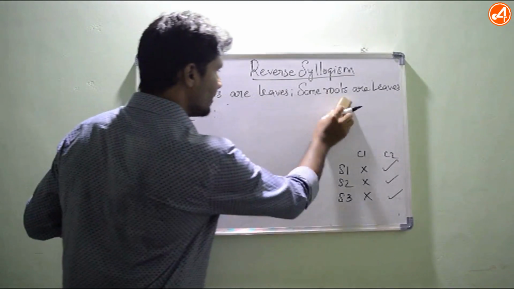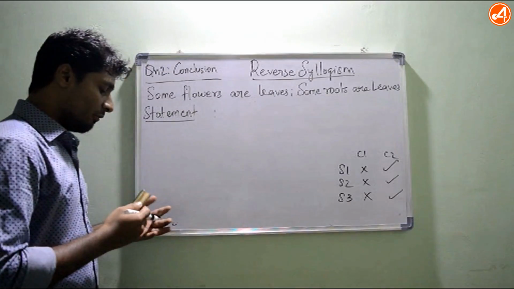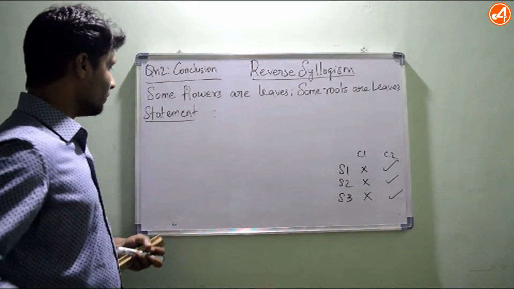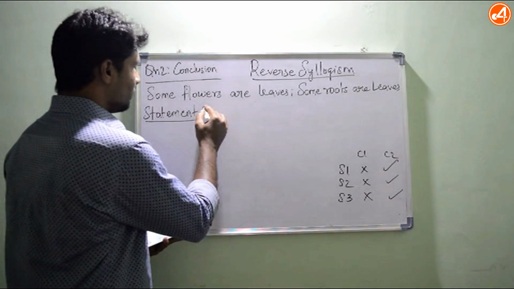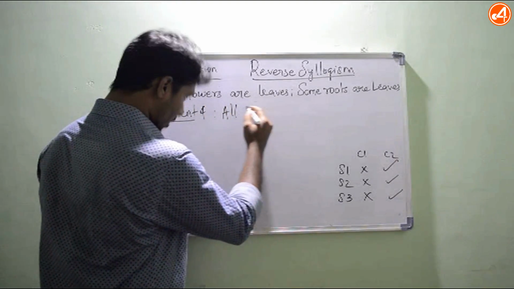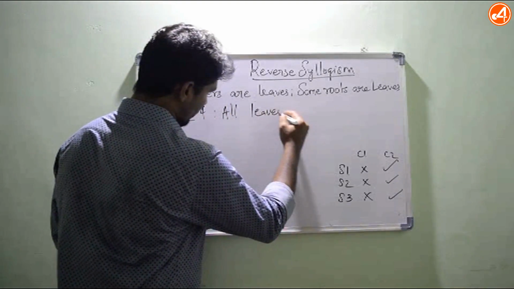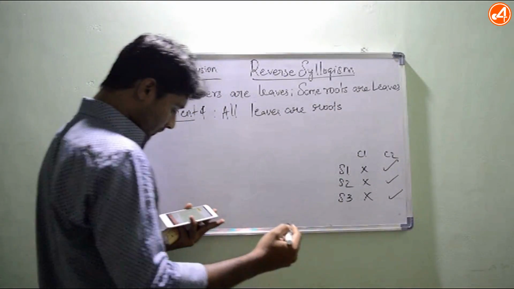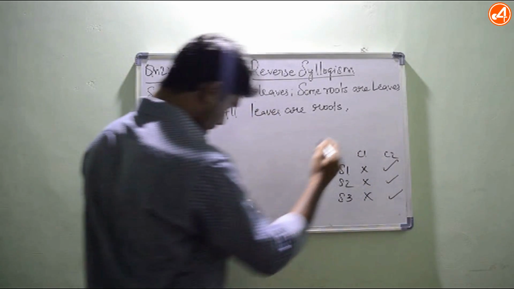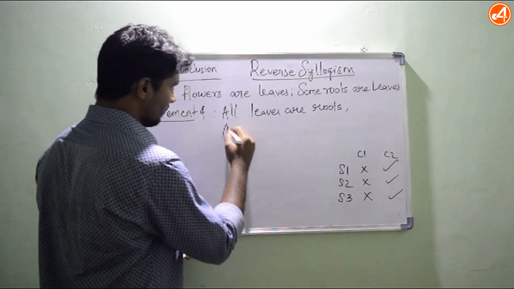And now comes the fourth statement. Statement 4 states that all leaves are roots, or all roots are flowers.